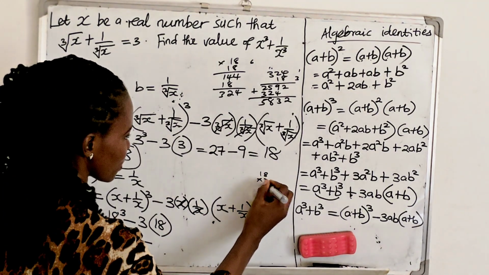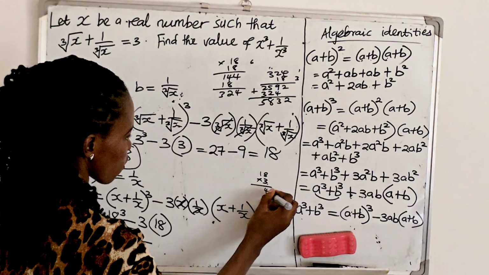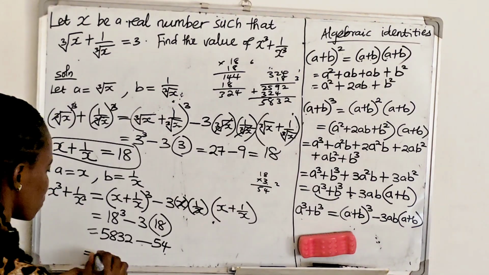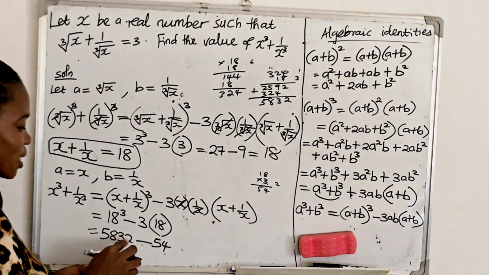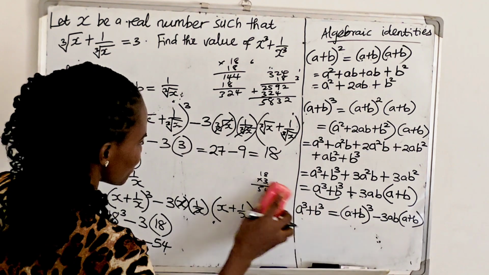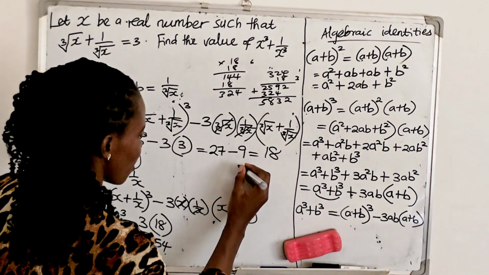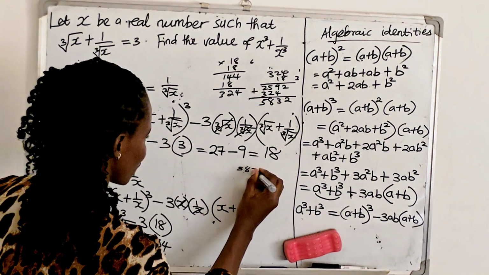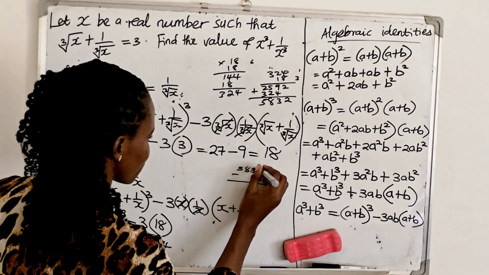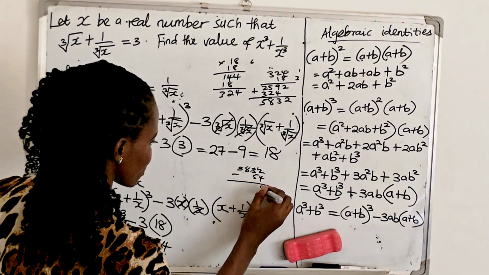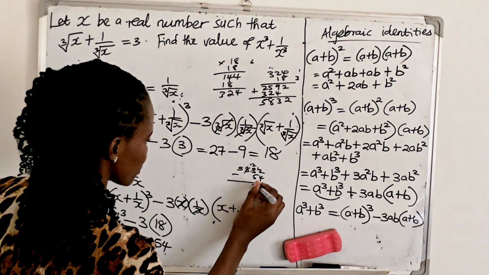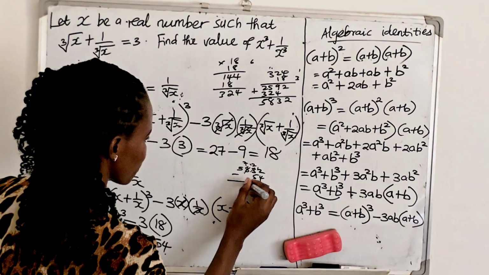18 times 3. 3 times 8 is 24, carry 2. 54. So we do 5,832 minus 54. Let me clean this one and do it here. 5,832 minus 54. So we borrow 1, put it here. 12 minus 4 is 8. This remains 2. Borrow 1, put it here. 12 minus 5 is 7. This remains 7.